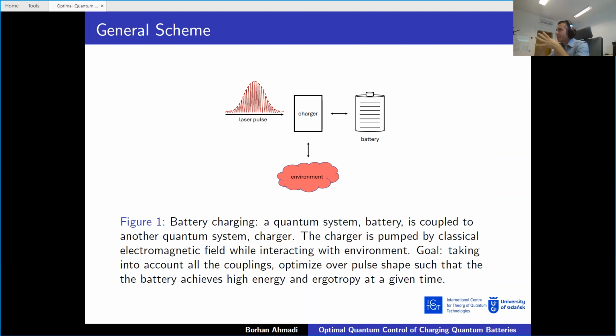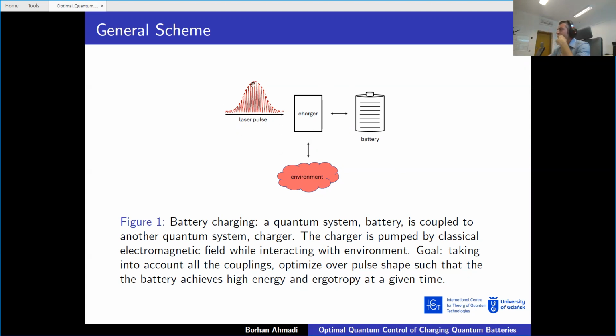Okay, here is the general scheme of our work. We are going to send energy from a quantum charger to a battery, and we're going to optimize this energy transfer.